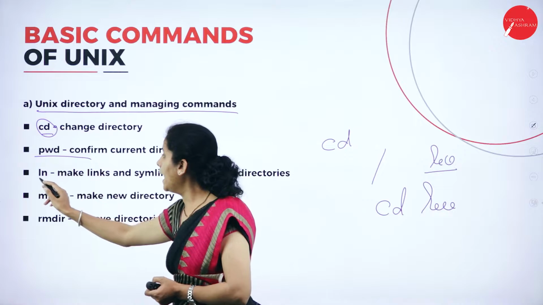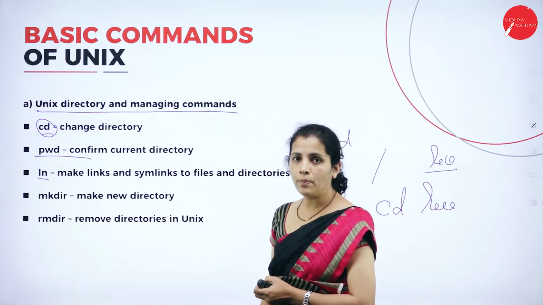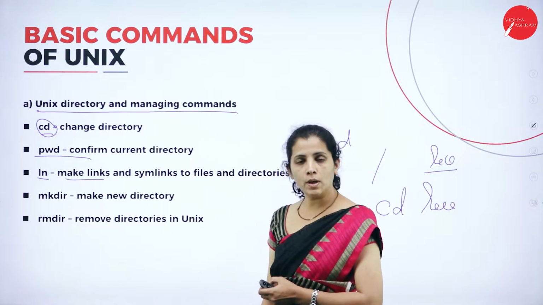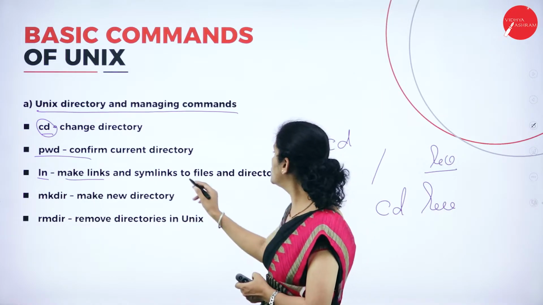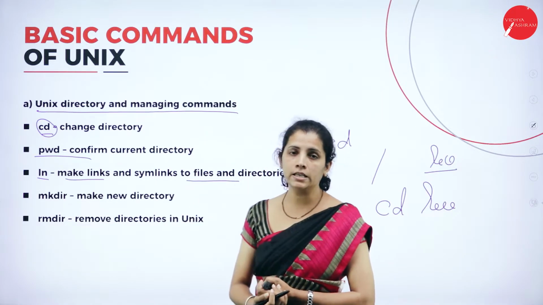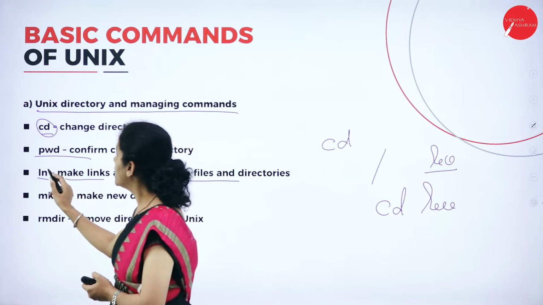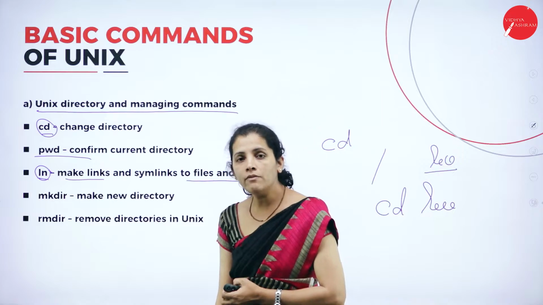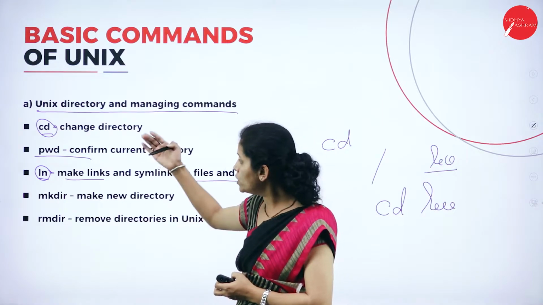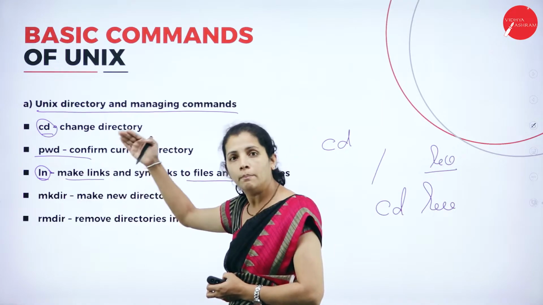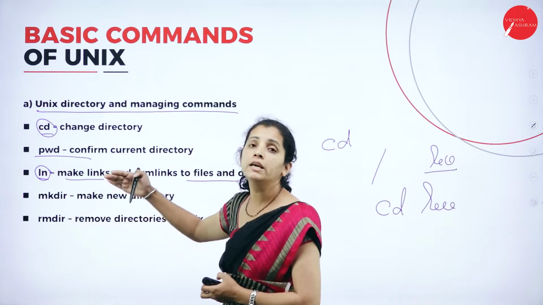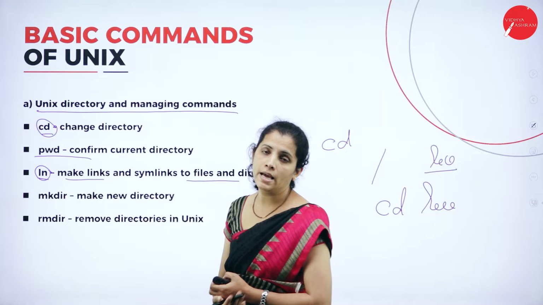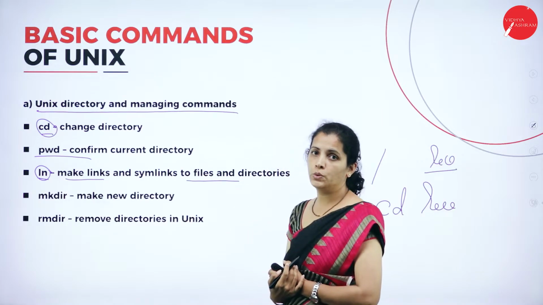Now, ln. Suppose I want to make a link as well as a symbolic link to files and directories, then I can go with the command ln. Anyway, dear student, I won't go in depth, because according to necessity I am going to explain the basic commands of Unix.